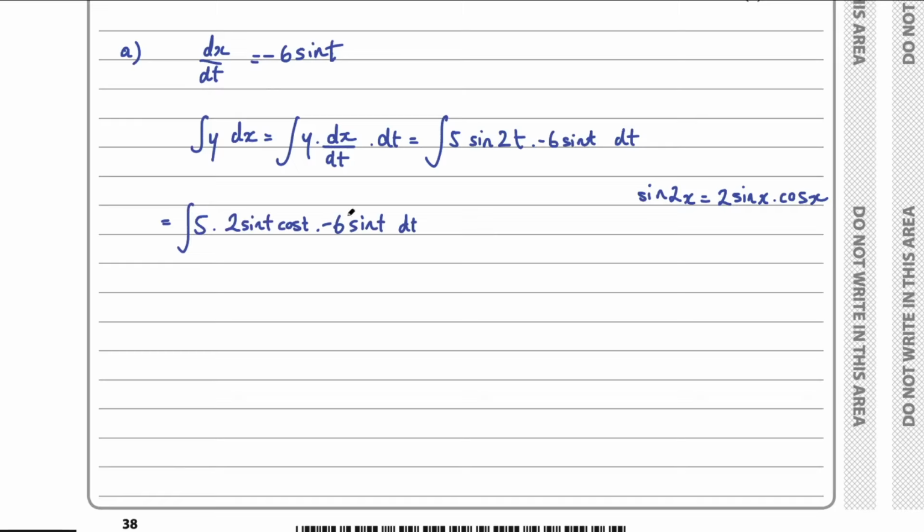Next, we could remove all of the constants. So 5 multiplied by 2 multiplied by negative 6, it's negative 60, get rid of that, or in other words, take it out the front. And then I have a sine t multiplied by sine t, so that's going to be sine squared t times cosine t dt.